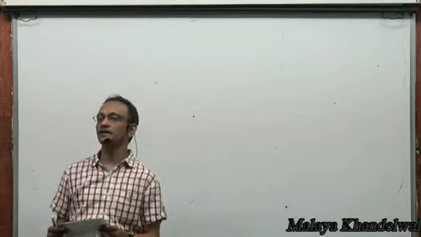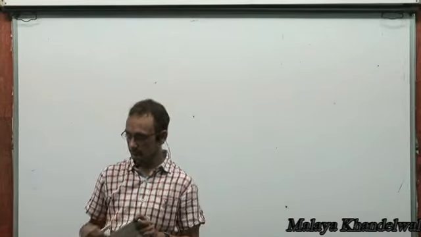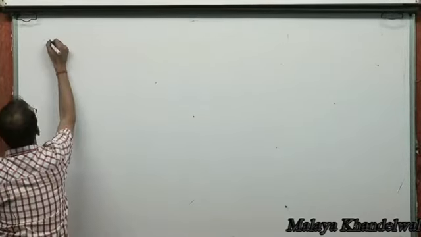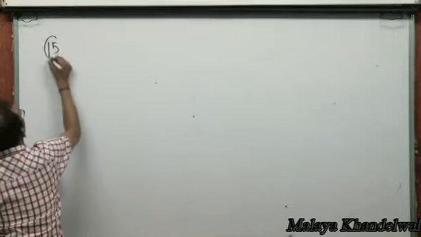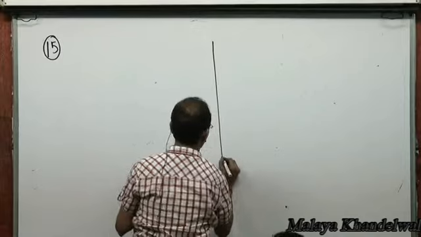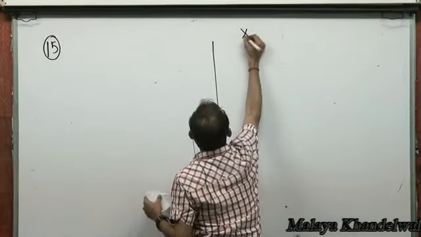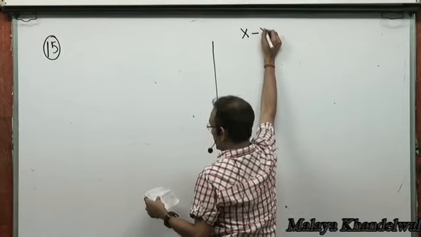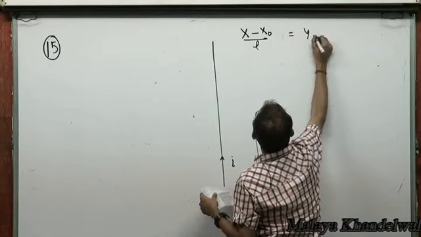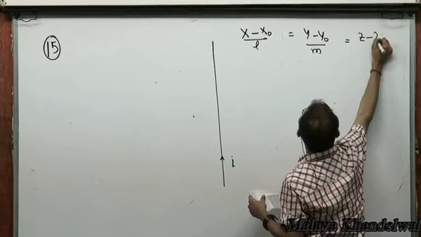So there is a current carrying wire, and this current carrying wire in 3D space has the equation x minus x naught by L equals y minus y naught by m equals z minus z naught by n.